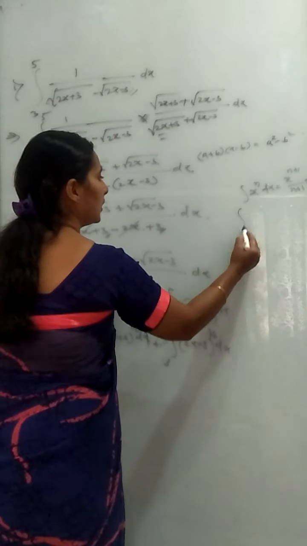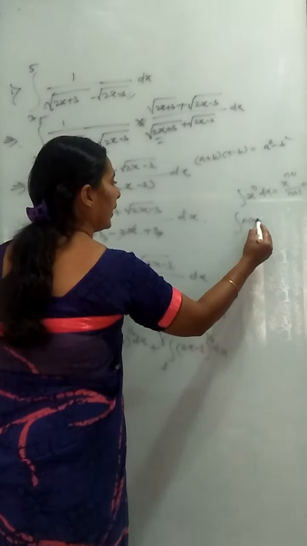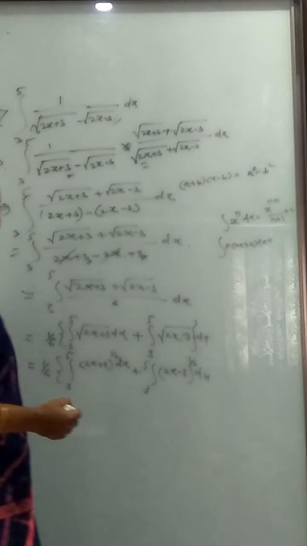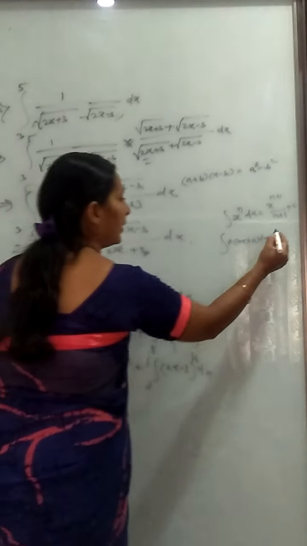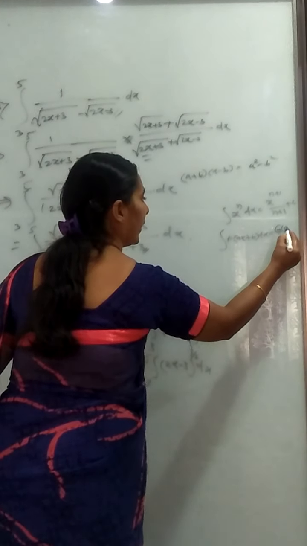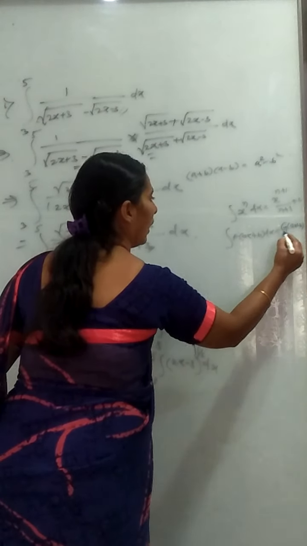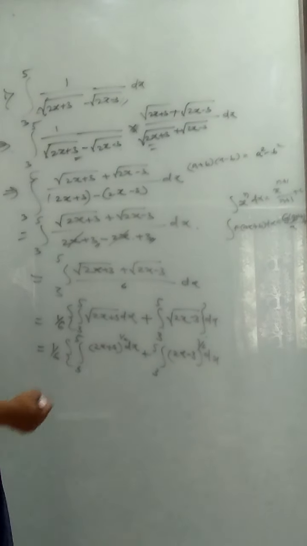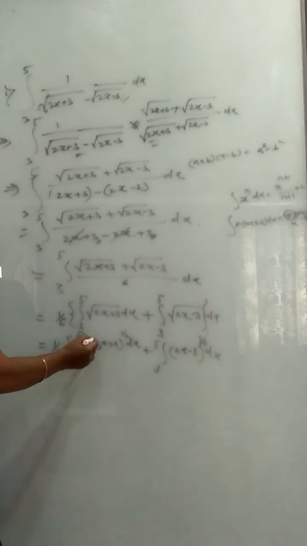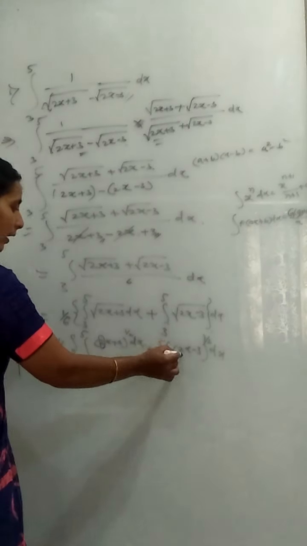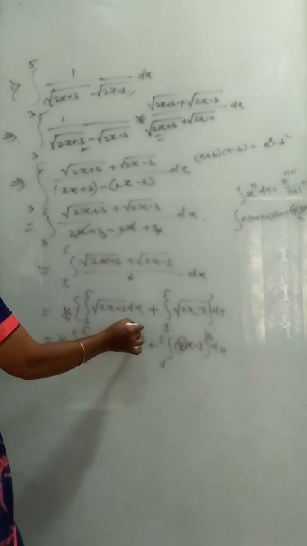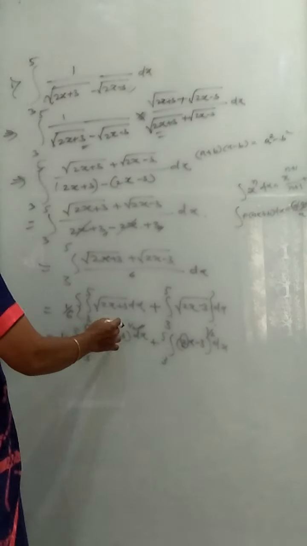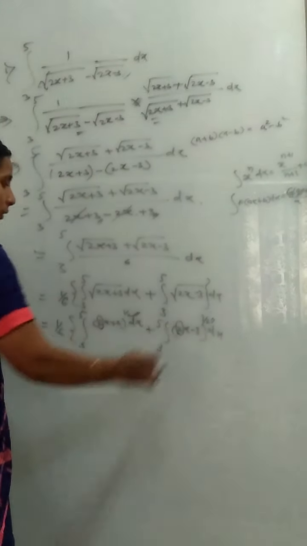When the function is f of ax plus b, dx, the integral becomes g of ax plus b upon a, plus c. We have to take the coefficient of x to the denominator. Here the value of a is 2 in both, and the value of n in the first function is 1 by 2, and in the second function is also 1 by 2.